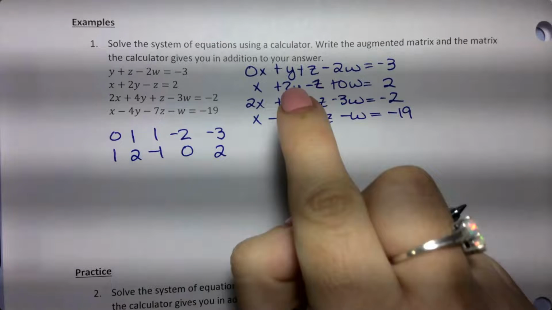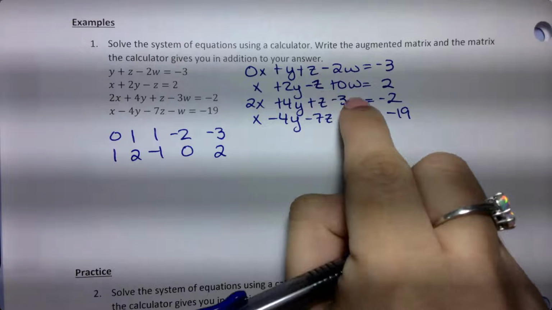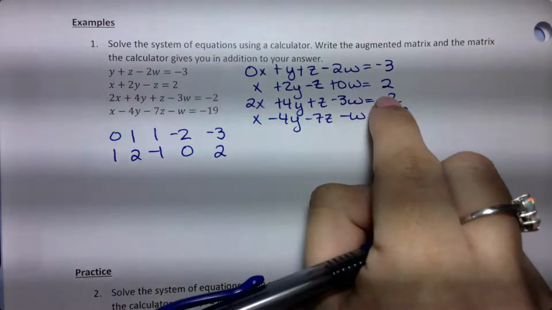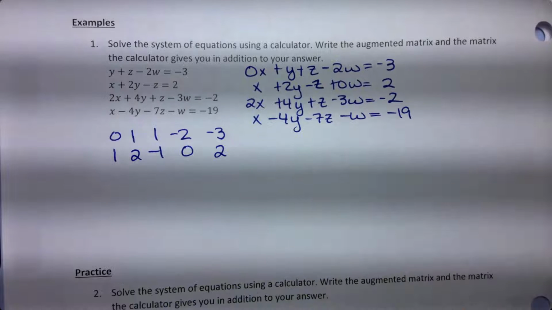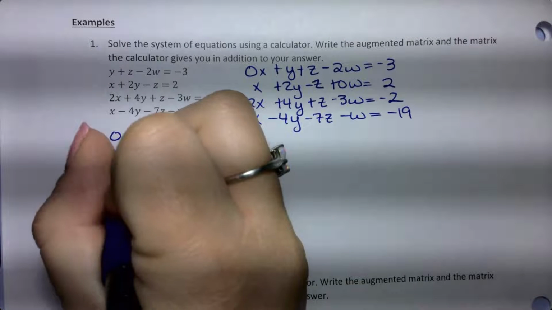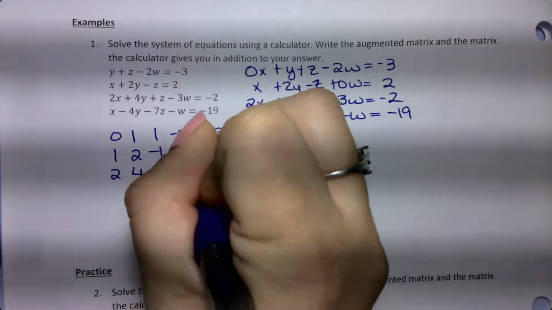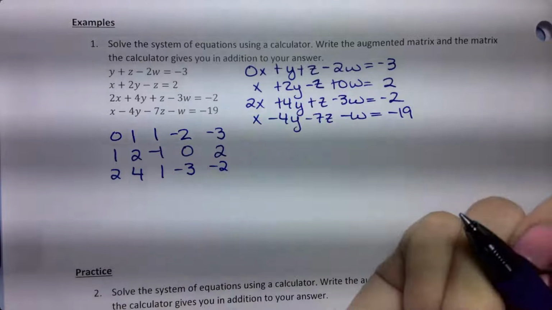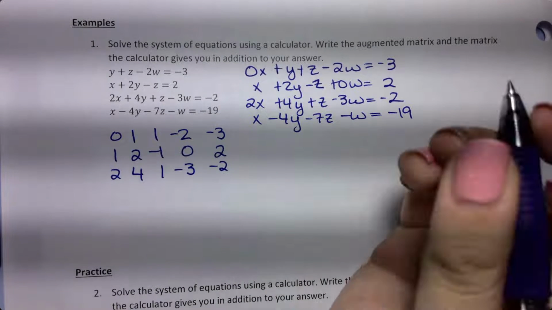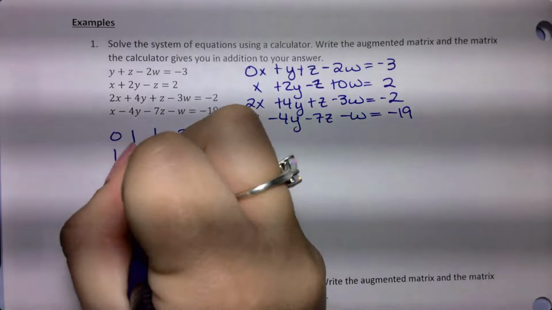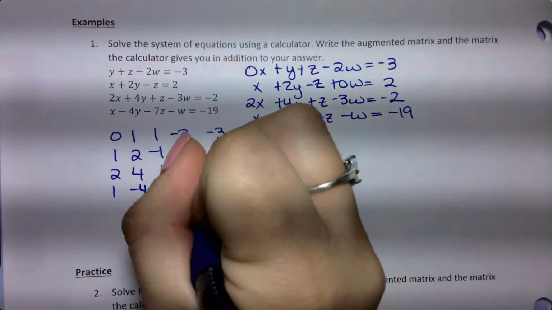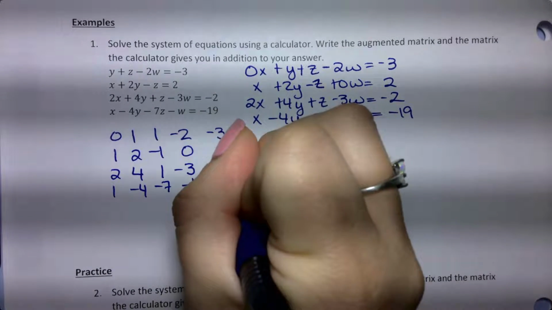The coefficients, remember, are the numbers out in front of each of these letters. And then the last number is the number that it equals. My third one, I have 2, 4, 1, negative 3, negative 2. My final row, I have 1, negative 4, negative 7, negative 1, negative 19.